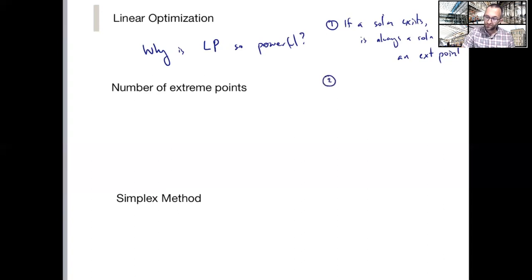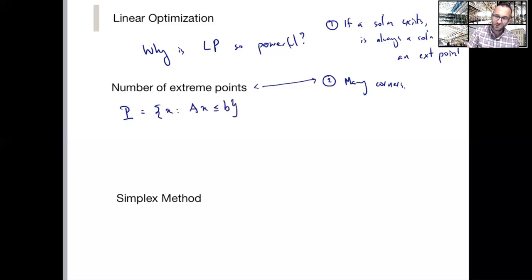And secondly, we can have a huge number of extreme points. And the corners are combinatorial objects, the corners of a particular polytope. So let's see how many corners we can have. We're looking at a polytope that has a description Ax less than b, just like on the previous page.